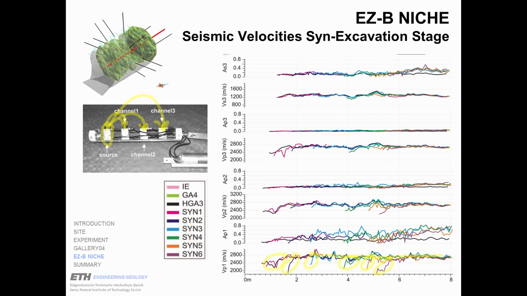So this is in fact a representation of the damage in front of the advancing face, and this distance is between 20 centimeters and 70 centimeters. So this is the damage that occurs in front of the sequentially excavated face of this niche.